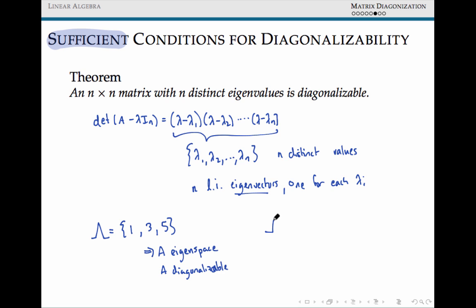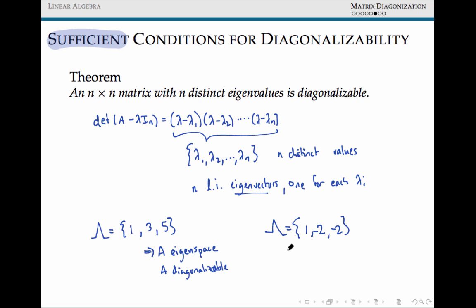But we've seen an example where our set of eigenvalues, I'm using big lambda here to capture them, was positive 1, negative 2, and negative 2, where we actually were able to construct a nice diagonalization of A. So this is, again, sufficient but not necessary.